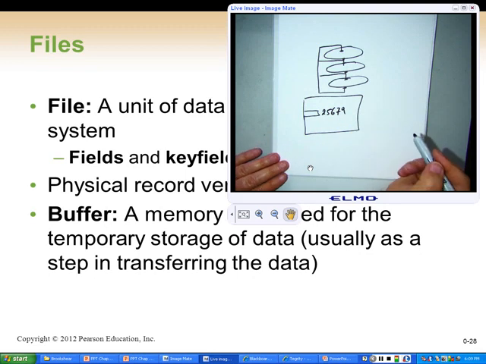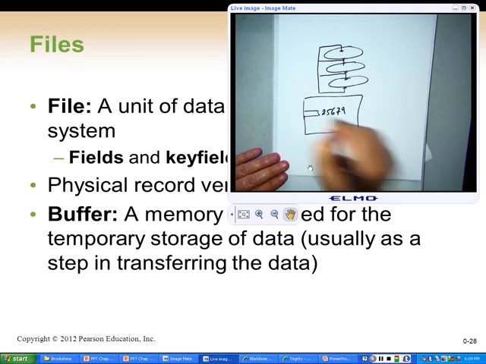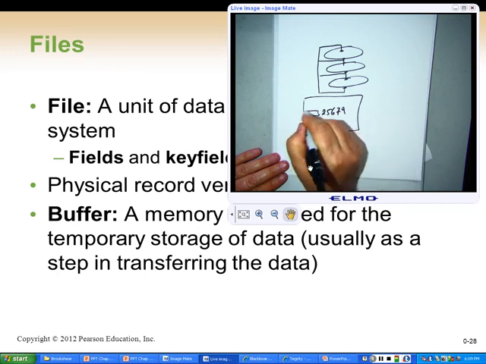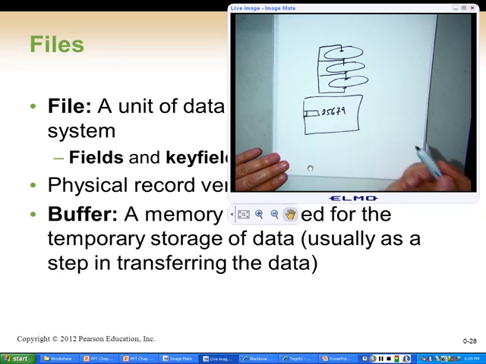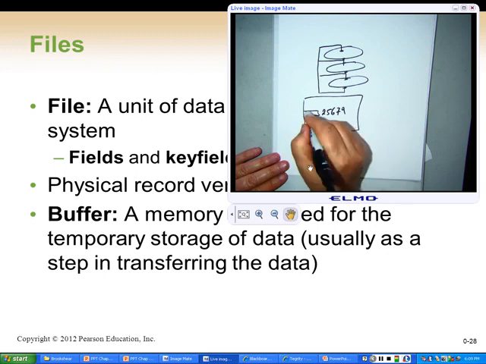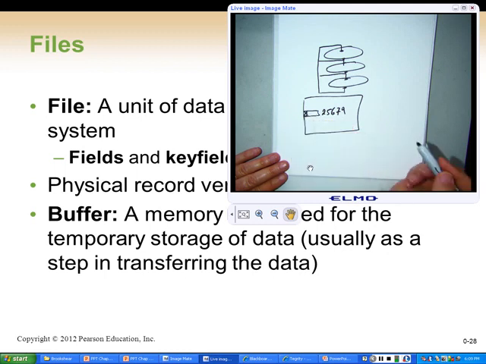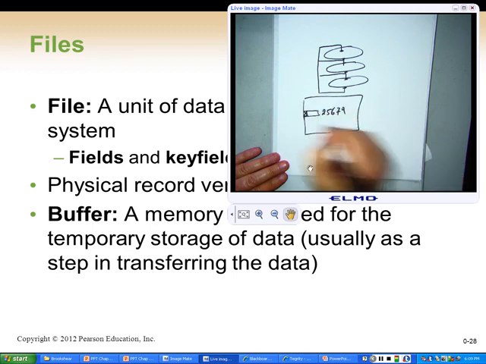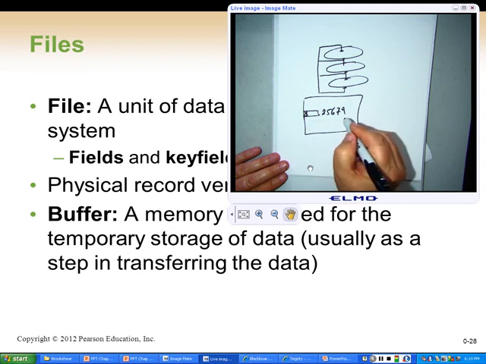So if my file starts over here, the very first bit, or 1 byte, doesn't matter, is going to say if this space is available or not available. So when we delete a file, it's just going to change this bit from 1 to 0, saying that this space is available. So next time when I'm writing, it's going to write on top of the file that I had. We don't have any eraser in the hard drive to go erase everything.